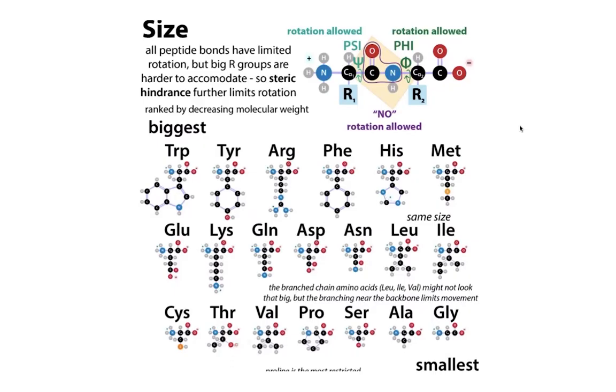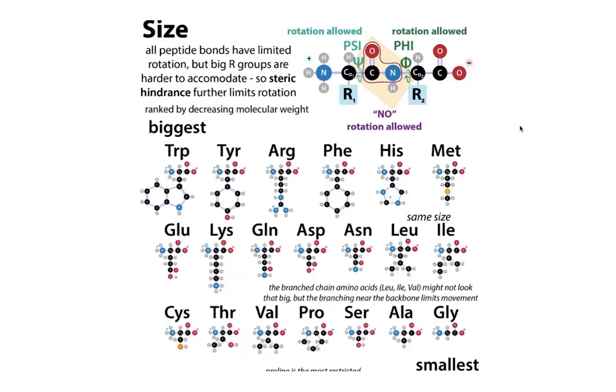But if it's on opposite sides of something, such as we have in a beta strand, well, that might be okay. So maybe we'd expect something like a threonine to be in a beta strand. And maybe we'd expect something that was long and flexible, something like a lysine, to be in an alpha helix, because now it can spread its bulk away from the backbone where it doesn't have a chance to interfere with anything around it.